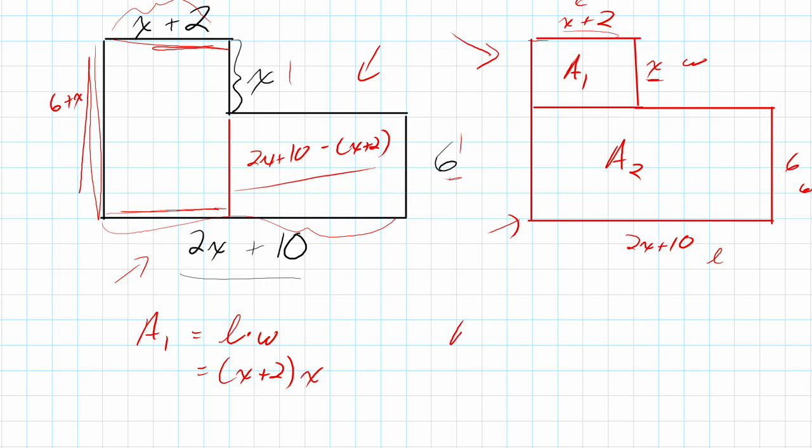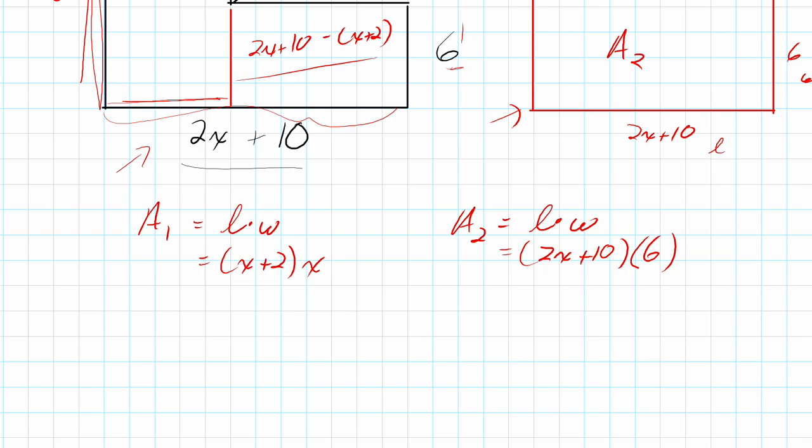That one's not bad. And then we have area 2, which is also length times width. Our length was 2x plus 10, and then our width happened to be 6. These aren't bad. This is actually just the distributive property. I don't even have to use that FOIL or rainbow method because I only have one term to distribute on both of these.